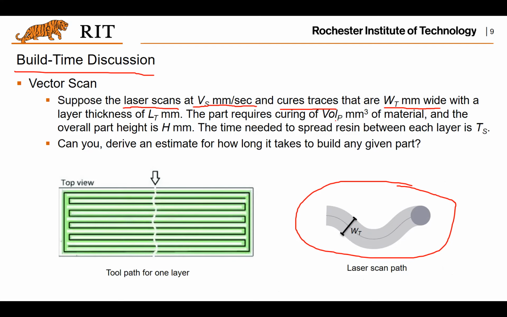And also, let's say the layer thickness is LT millimeter. So if we want to build a part with an overall volume like this, and the overall part height is H, then let's estimate what will be the overall time required. So let's think about what will be the main time factors in this process. Any idea?